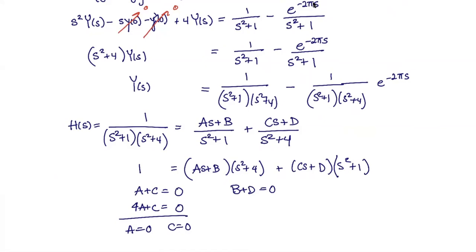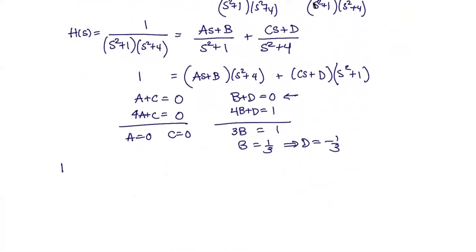Secondly, with b, I get 4b plus d is equal to 1. And so subtracting both equations, I end up with 3b is equal to 1, or b is equal to 1/3, which means that d must equal negative 1/3 in order to satisfy the second equation right here.